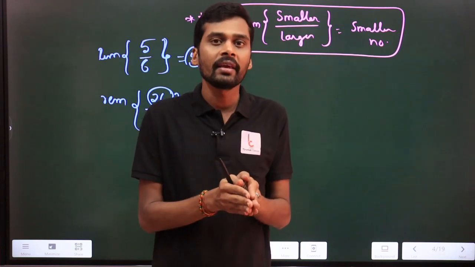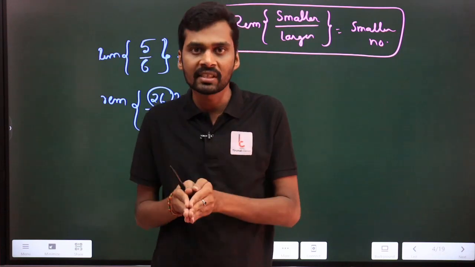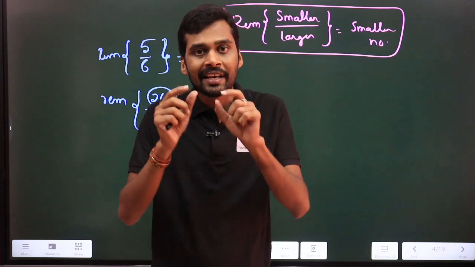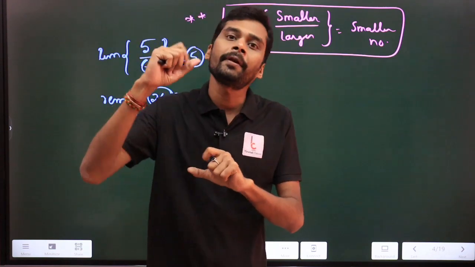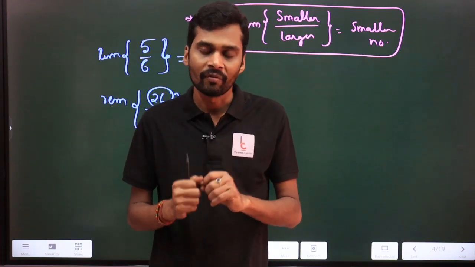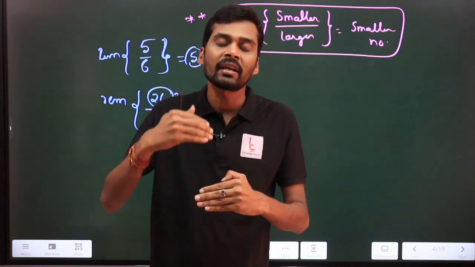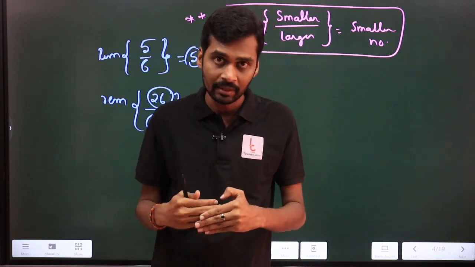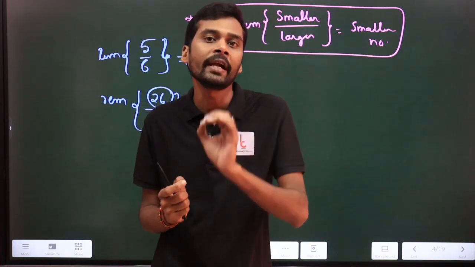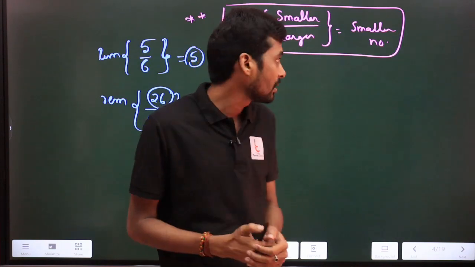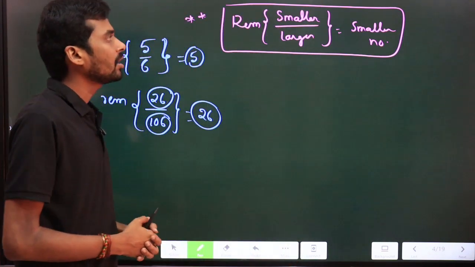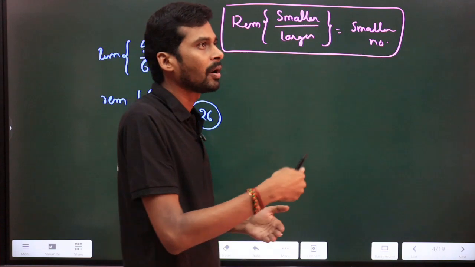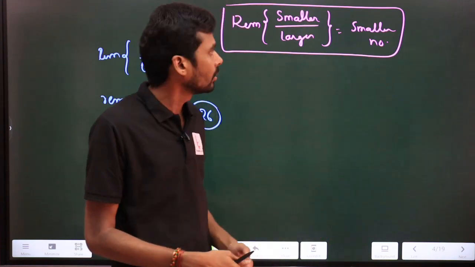If we are dividing a smaller number by a larger number, that means the denominator is more than the numerator part. Whenever we see the denominator part is more than the numerator part, the remainder is simply the numerator, which is nothing but the smaller value. That's why you remember that. The remainder when a smaller number is divided by a larger number is what?